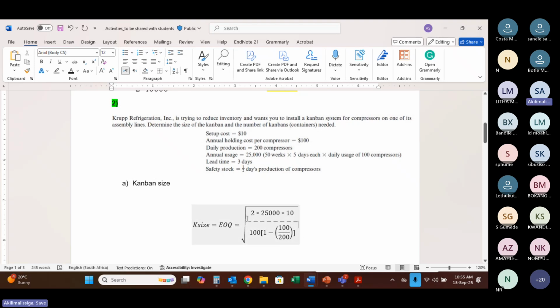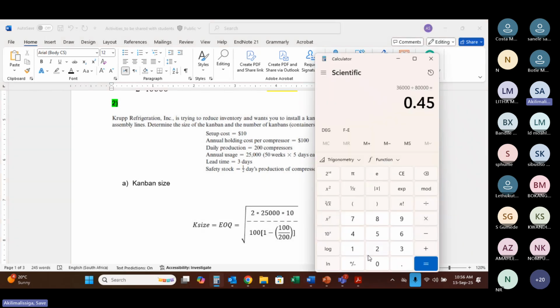So now we just need to perform our calculations. Pull up the calculators. We're going to start with the numerator: 2 times 25,000 times 10.